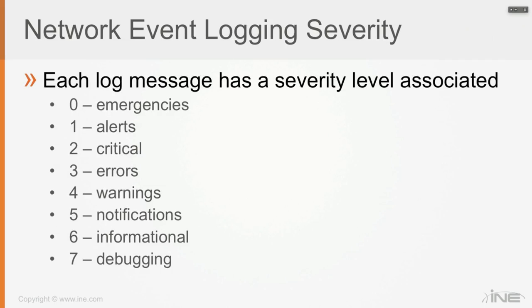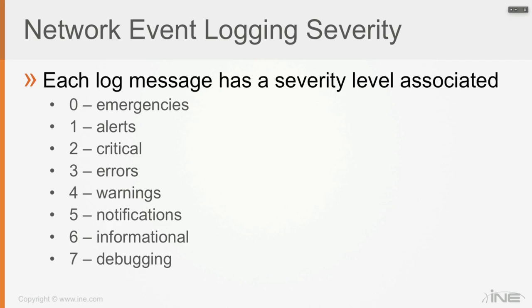Now each log message has a severity level associated. The higher the severity level, like 7, it means more data is going to be presented in that log message. And of course, each possible log message that a device can generate has an associated level.